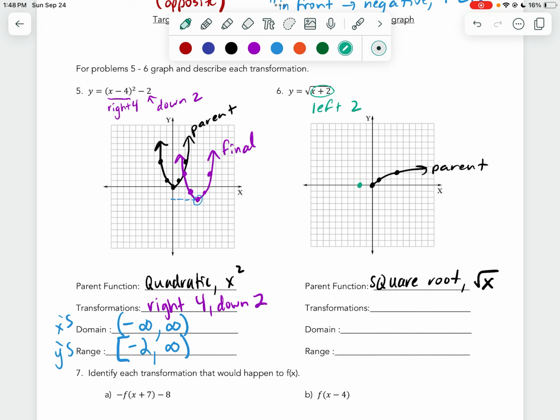So I'll move every point left 2. That's my final. Say left 2 for the transformation. So again, domain is your x values. So this one, the first x value is at -2, and then it goes to the right. And the y's, the lowest y value is at 0, and then it goes up.